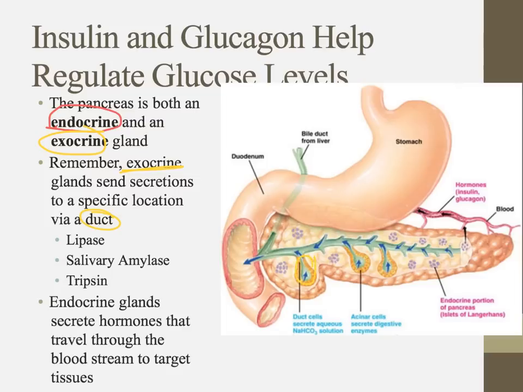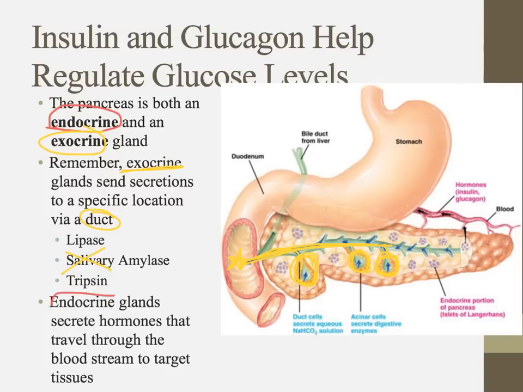It's got these exocrine cells that are making things like, not salivary amylase, pancreatic amylase, trypsin, lipase. All of those are made by these exocrine cells and then secreted through a duct. So exocrine stuff goes to a very specific and particular location.